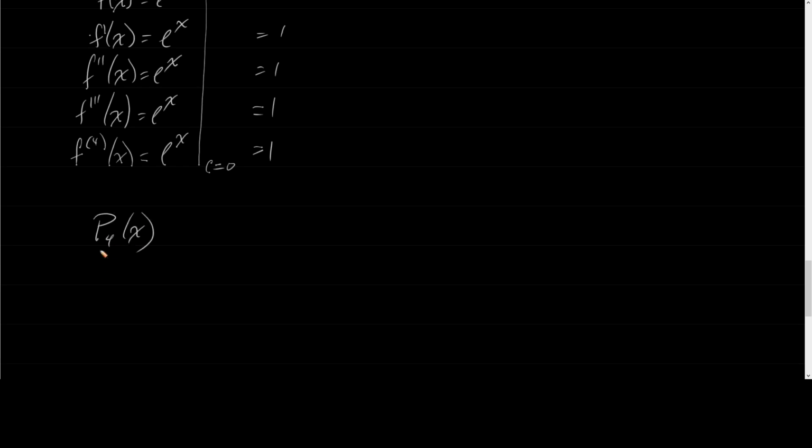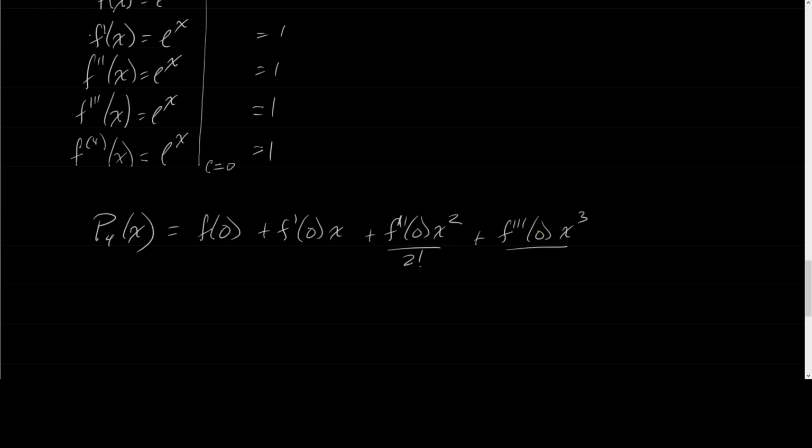The fourth Maclaurin polynomial here is going to be f of 0 plus f prime of 0 times x plus f double prime of 0 times x squared over 2 factorial plus f triple prime of 0 times x cubed over 3 factorial plus the fourth derivative at 0 times x to the fourth over 4 factorial.